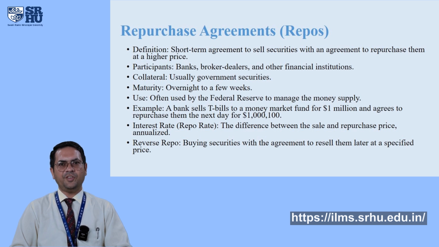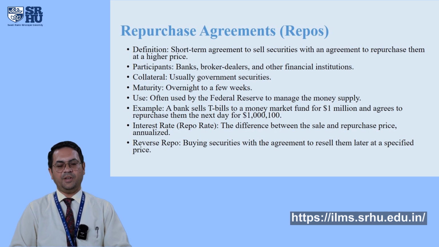So, a repo is essentially a collateralized loan. In a repo transaction, one party sells a security to another with an agreement to repurchase it at a slightly higher price at a later date.